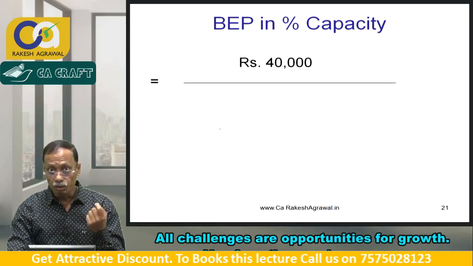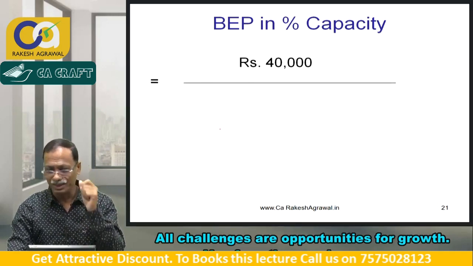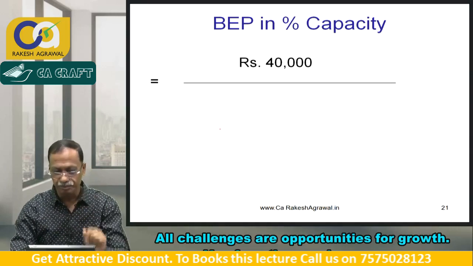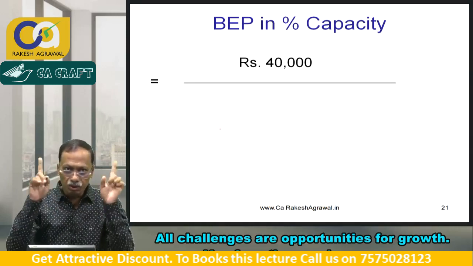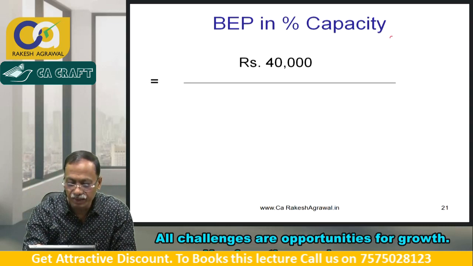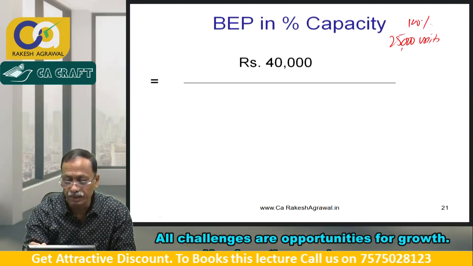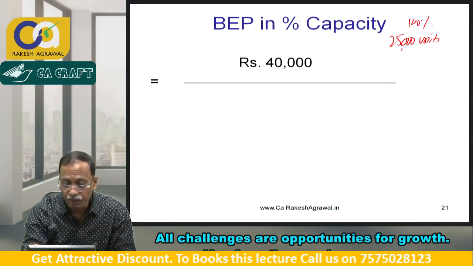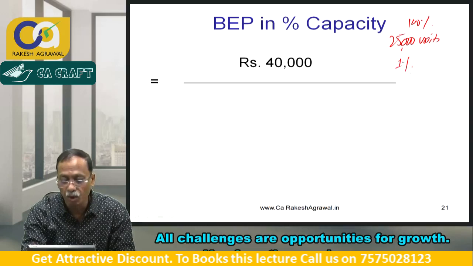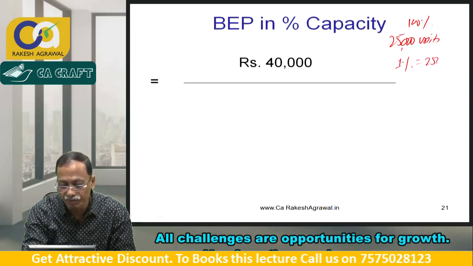Now the problem is how to calculate contribution at 1% capacity. I think I had given you the total plant capacity as 25,000 units. If 25,000 units is your total capacity, that's 100% capacity, then if you operate your plant at 1% capacity, how many units will you be able to produce? At 1% capacity it is 250 units.